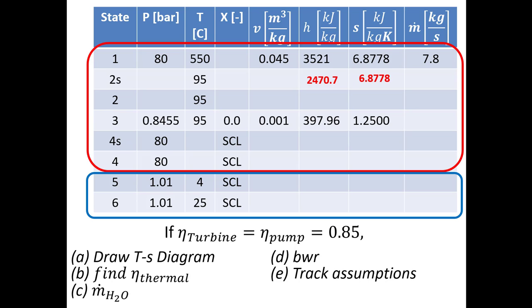So I know that my specific entropy stays the same as I move through the ideal turbine. Then I can look on my tables and see that for that fluid with 95 degrees Celsius and a specific enthalpy of 6.87, I can go to the tables and find h.